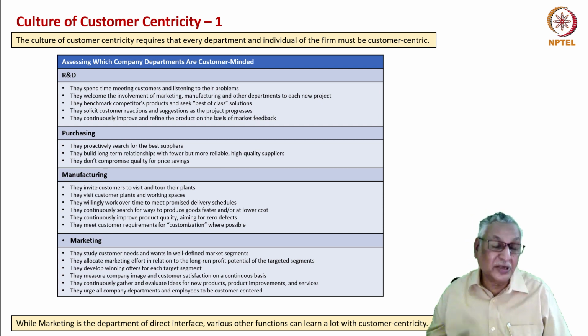Manufacturing people invite customers to visit their plants so that they go with a good impression of the technological capability of the company. And in that process, they may even get some ideas from the customers in terms of the customization of the products. And for marketing, of course, it's a 100% day job.